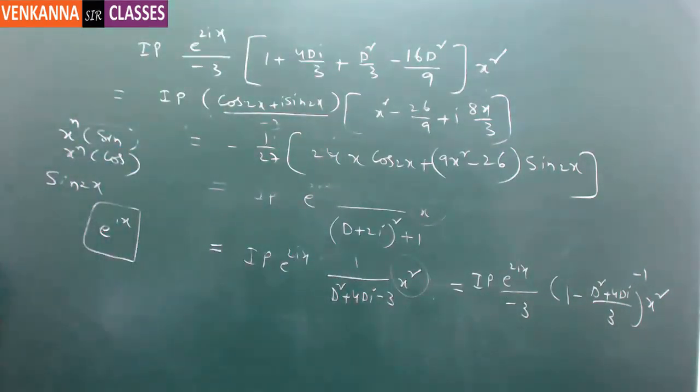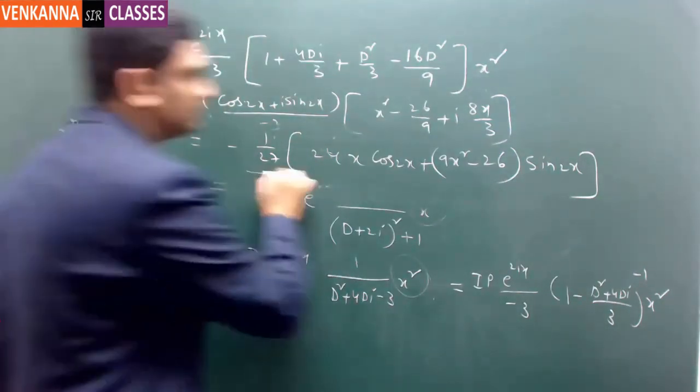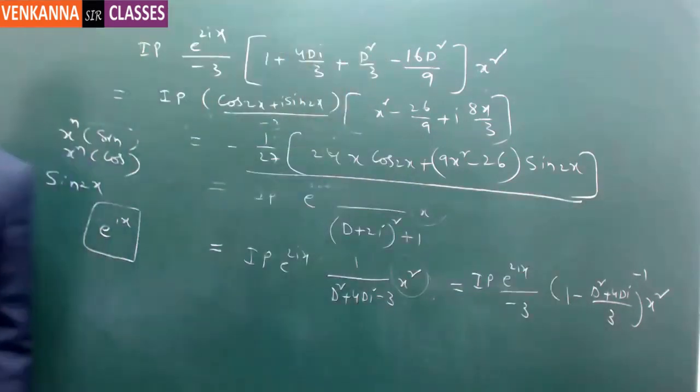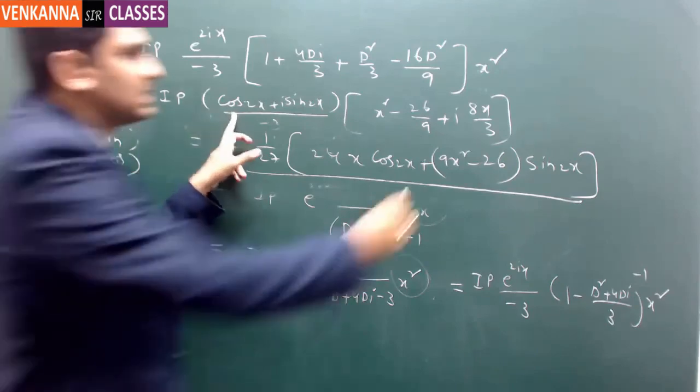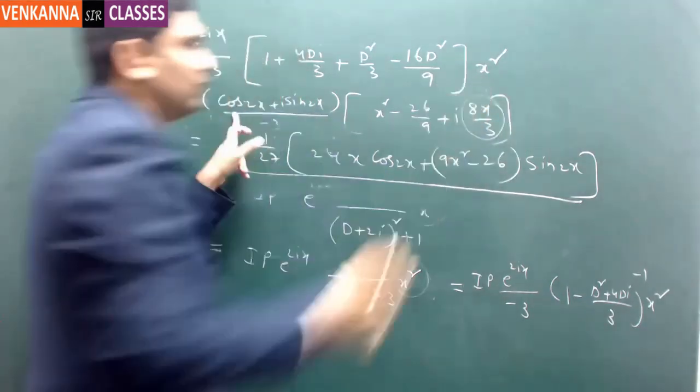So I am writing the simplified answer there. These are the terms which contain i, and the remaining terms will be neglected because they are the real part terms. However, see, cos 2x into 8x by 3, if you multiply, i will be there.